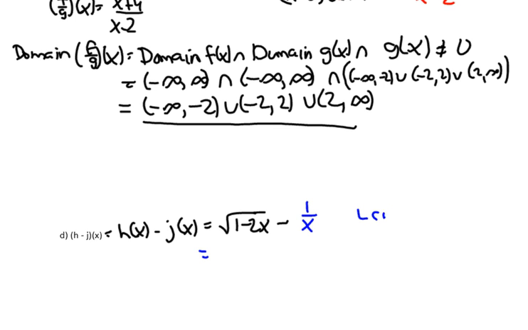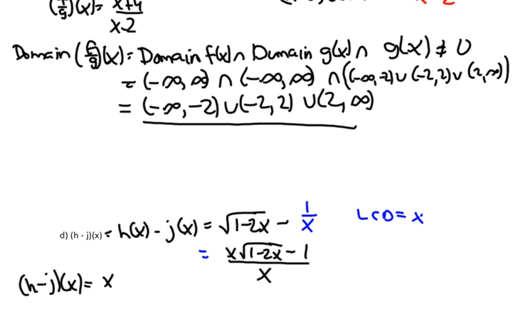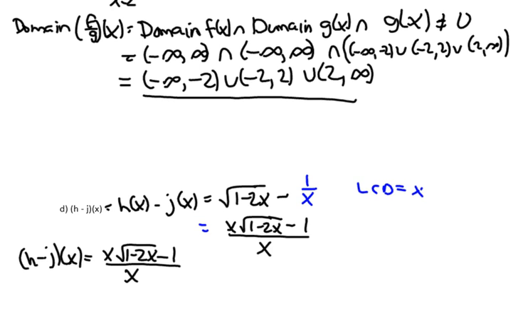I'll make that note here. So that's the same thing as this. Now, I did not pick that problem for the subtraction. I picked this problem because of its domain.